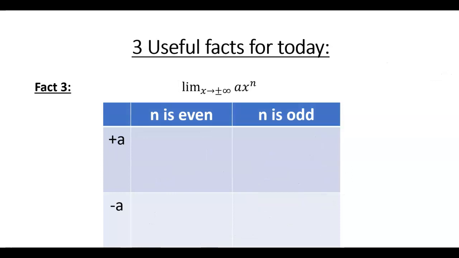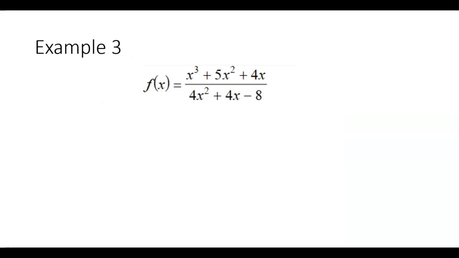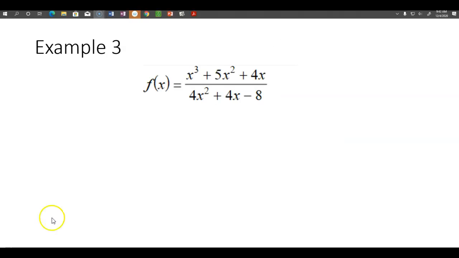All right. So let's go ahead and put this useful fact into practice here. These particular problems are a little bit different now, in two ways I can think of.